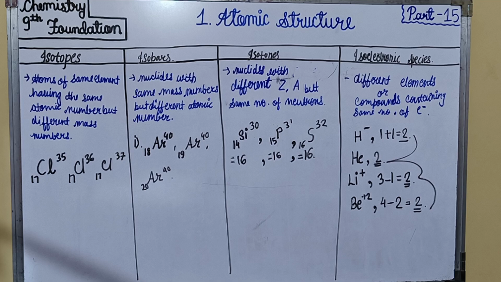Now, there is some information about scientists who showed us the atom. In 400 BC, Democritus suggested that all things are made of particles. In 1805, John Dalton's atomic theory: atoms of the same elements are all alike. They combine to make compounds.